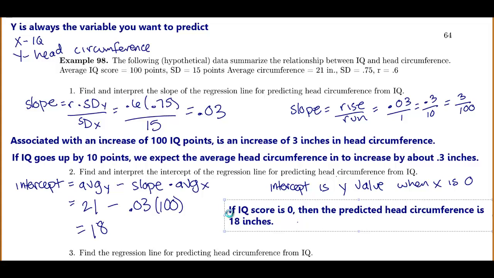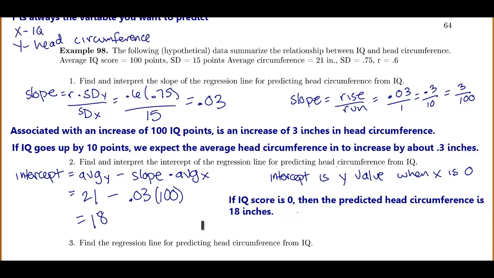Now this might not be a very logical interpretation because people might never have an IQ score of 0. We'll talk a little later about how intercepts don't necessarily need to have a logical interpretation.